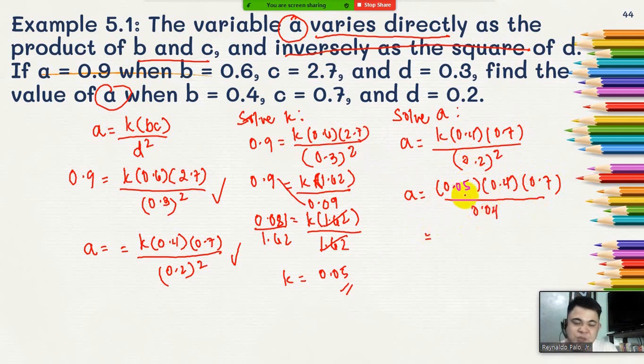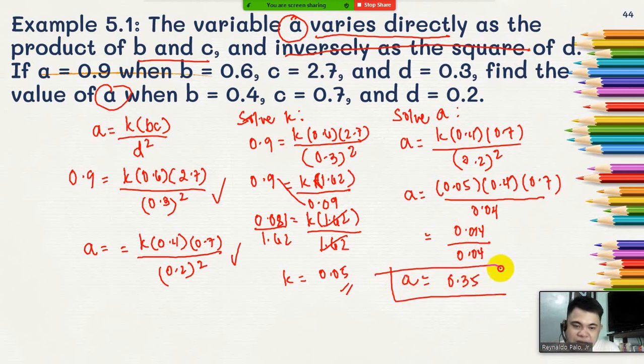Then the next thing is to multiply the three variables in the numerator: 0.05 times 0.4 times 0.7 gives 0.014. Bring down 0.04. Then 0.014 divided by 0.04 is equal to 0.35.